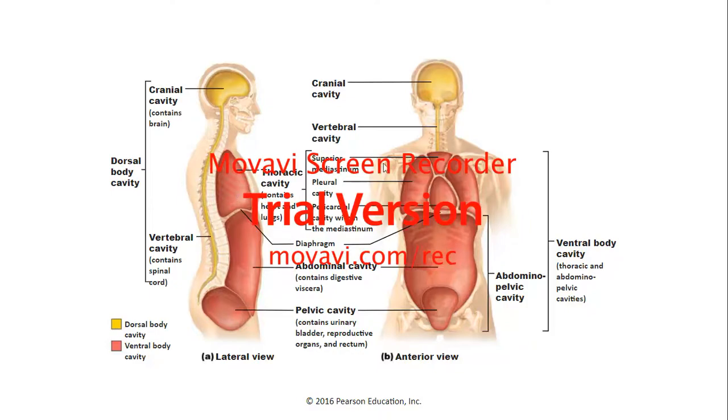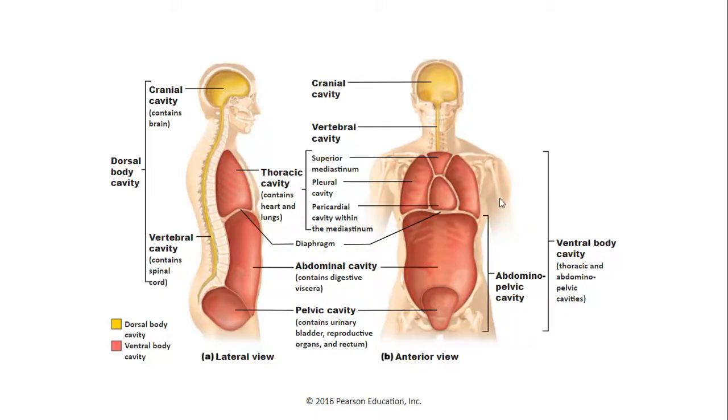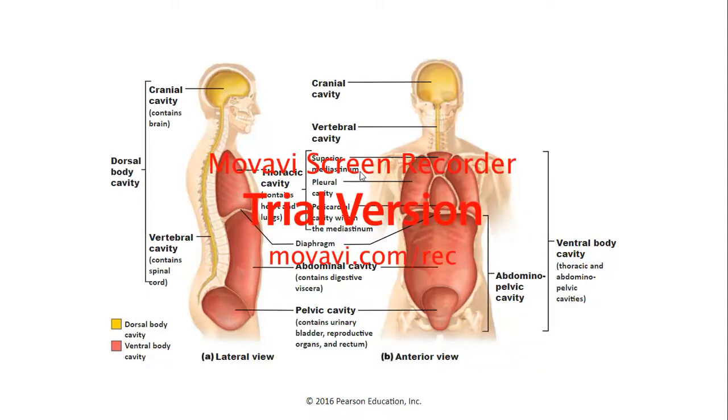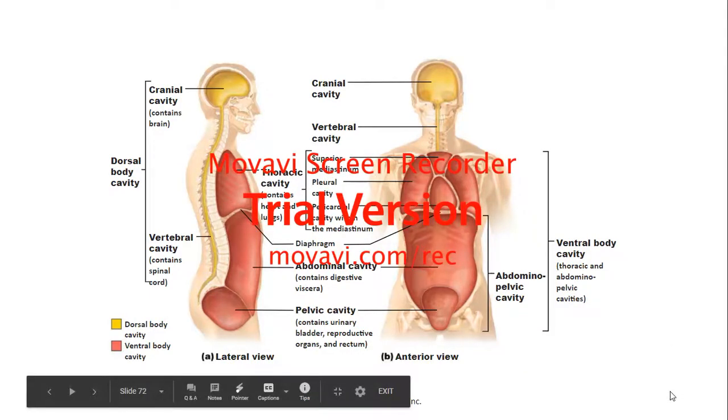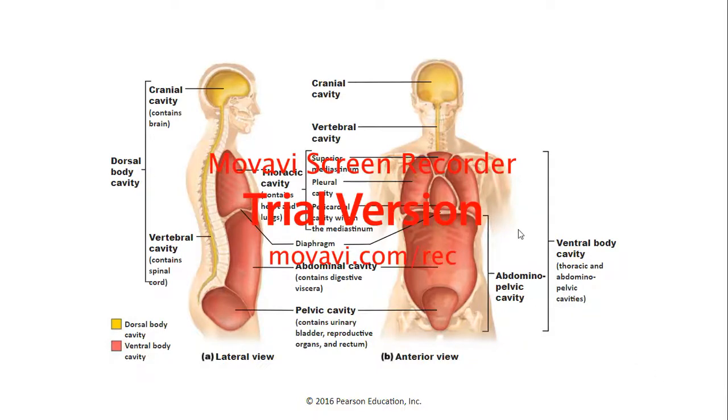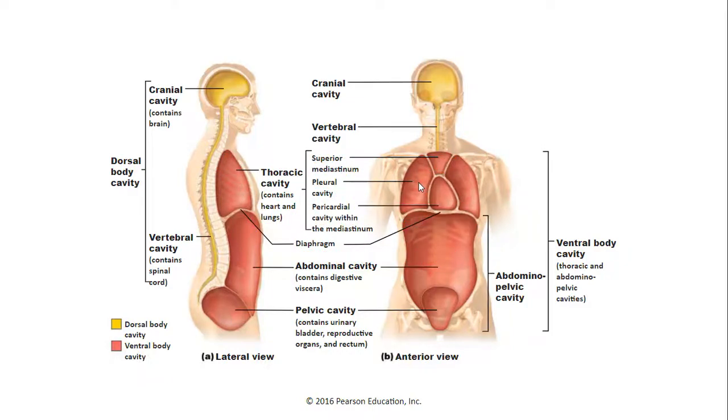And then you have your ventral body cavities, which contain the thoracic and abdominal pelvic cavities. In your thoracic cavity, you have your superior mediastinum, right here. You have your pleural cavity, where your lungs are located.